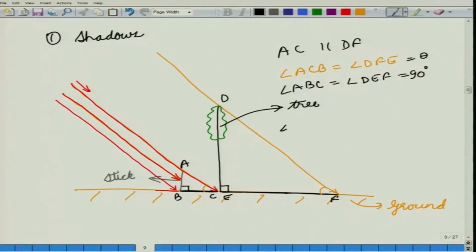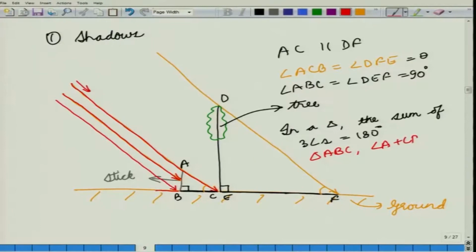Now, we know that in a triangle the sum of three angles is equal to 180 degrees. So, in the first triangle, triangle ABC, we have angle A plus angle B plus angle C is equal to 180 degrees.